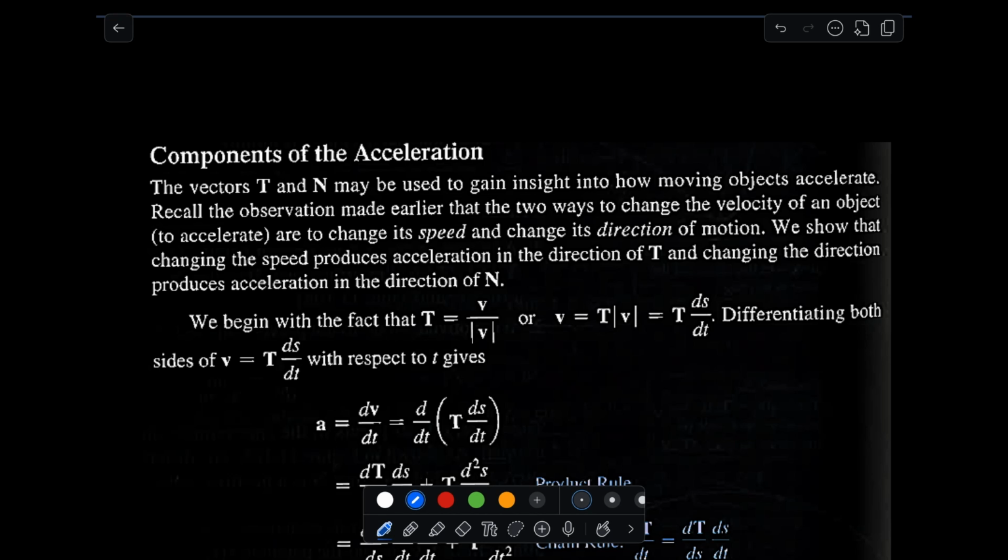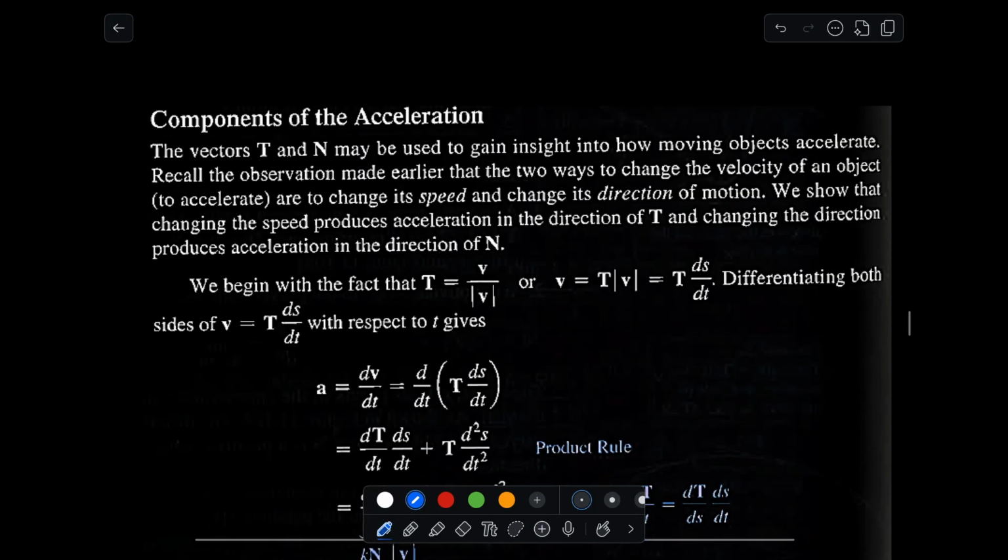Changing the speed gets you acceleration in the direction of the unit tangent vector. Changing the direction produces acceleration in the direction of N, right? And this is the proof that goes along with it.